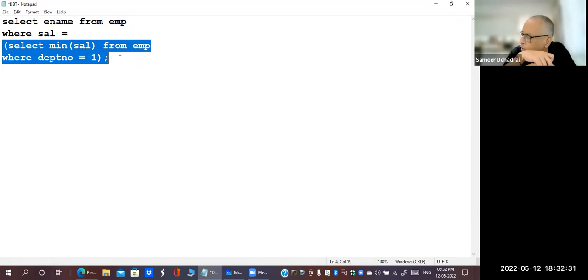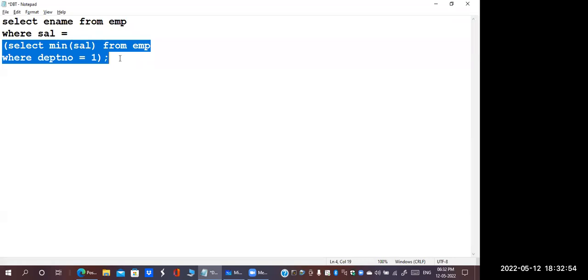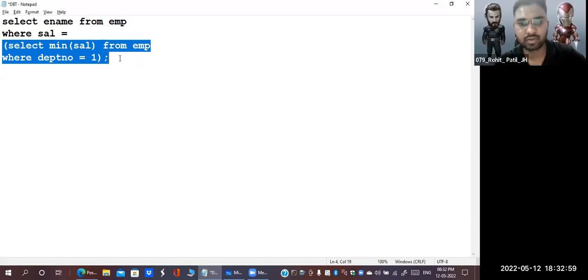Sometimes you will encounter a situation where a particular problem can be solved using a join. The same problem can also be solved using subquery. If you have to choose between join and subquery, which one is faster, students?